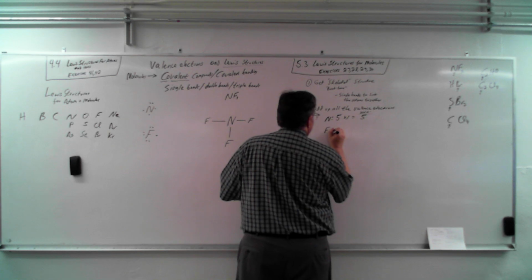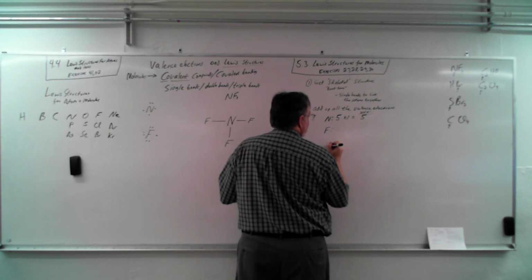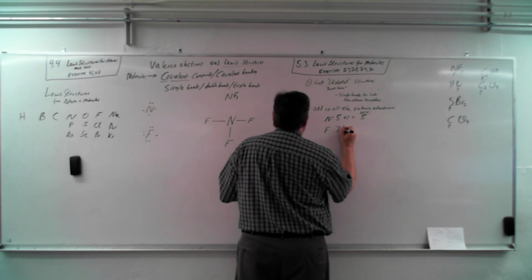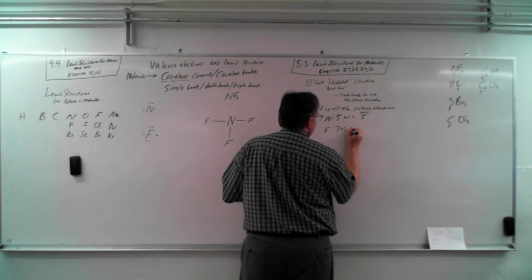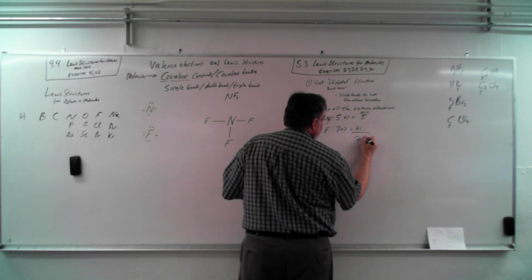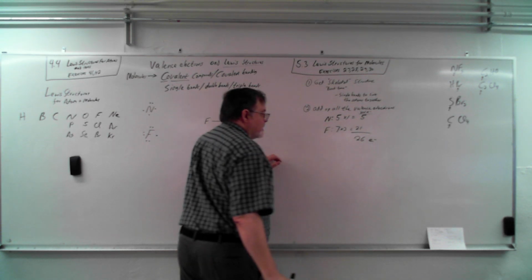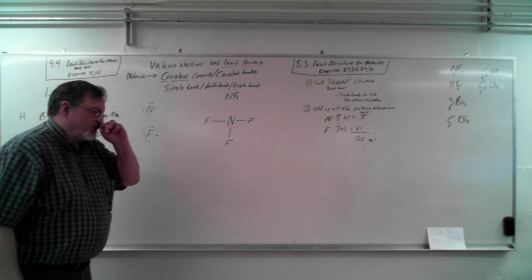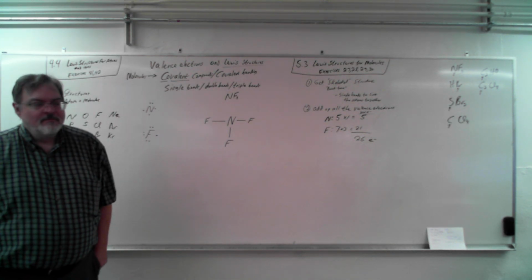Fluorine, how many valence electrons? 7. And there's 3 of them. You add them all up and you get 26 electrons. So that's what I was after, that number 26.